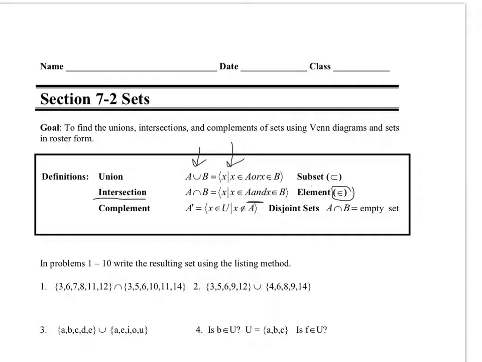So they have to overlap in order to have any members in this set. If they're completely separate and none of the elements are the same, then my intersection set would be the empty set.